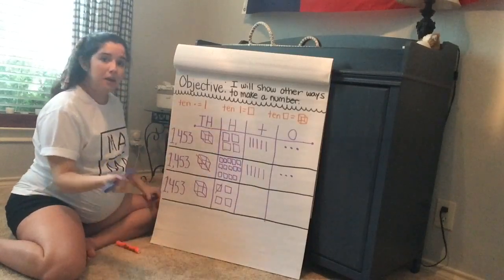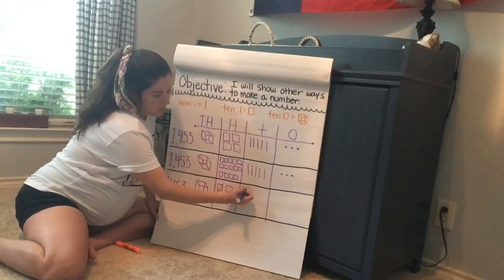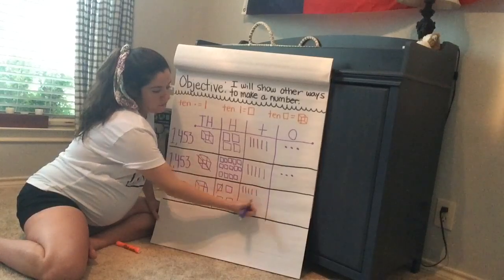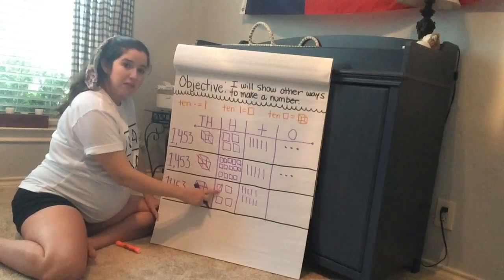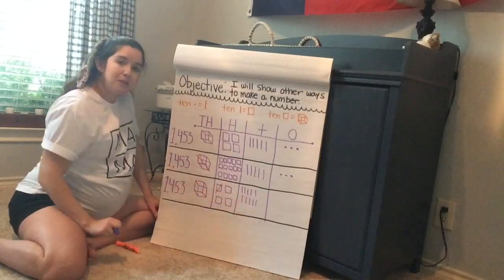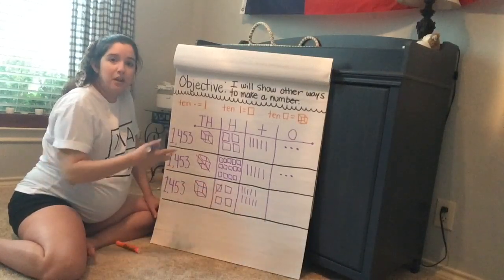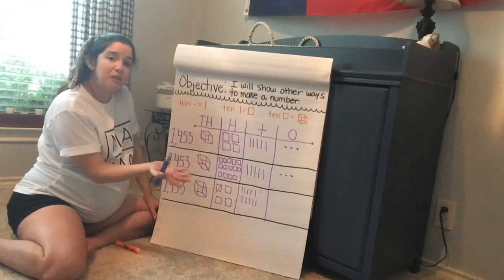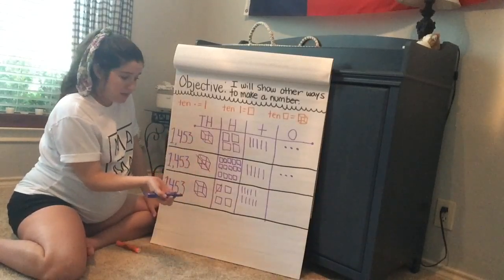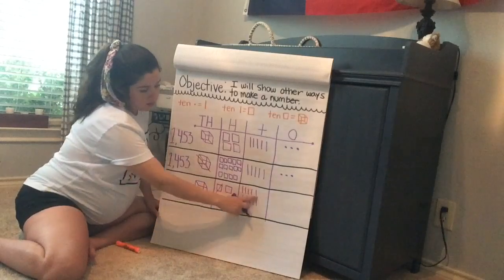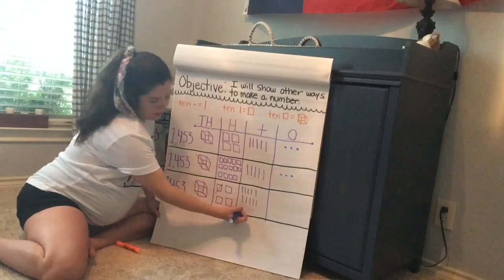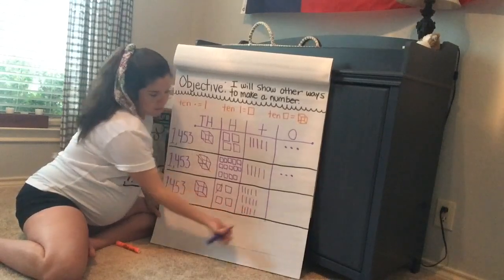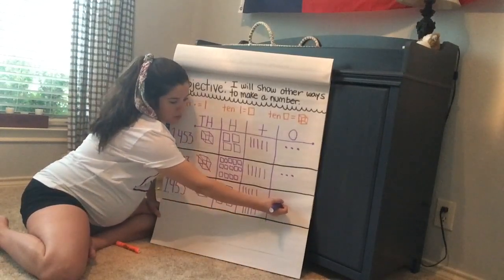So I'm going to go ahead and make my 10 tens. 10, 20, 30, 40, 50, 60, 70, 80, 90, 100. So I've taken this 100 away and I've placed it over here, represented with base 10s. Okay, but then I still have that same 50 that I can't forget about. So 10, 20, 30, 40, 50, and then 3.